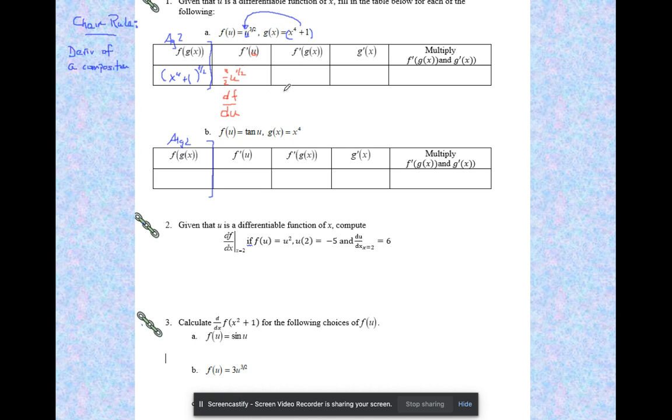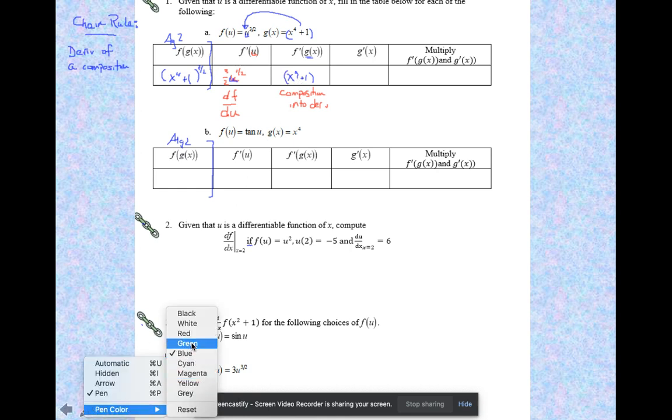Now I want you to do composition into the derivative. Into the derivative you just found, I want you to replace u, just like you did in the algebra 2 box. I want you to replace u with g of x. So you're going to have x to the fourth plus 1 inside the derivative.